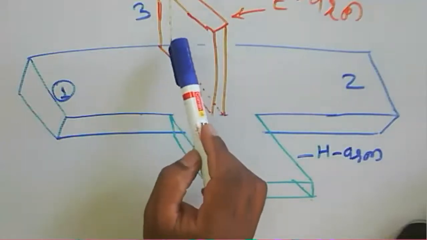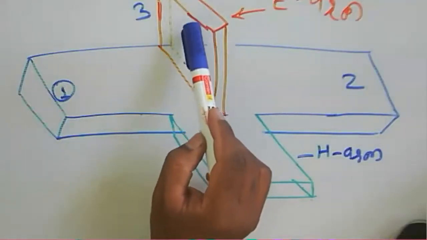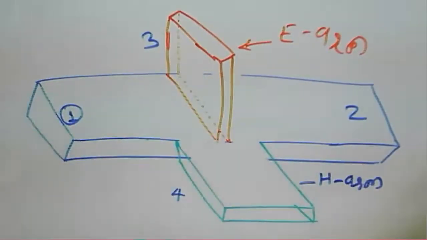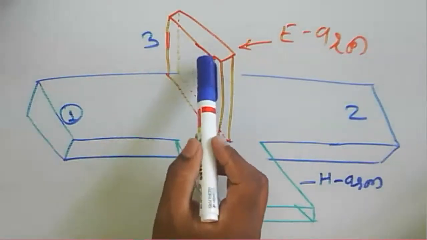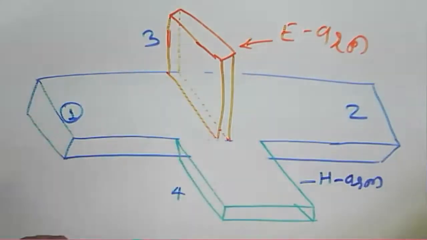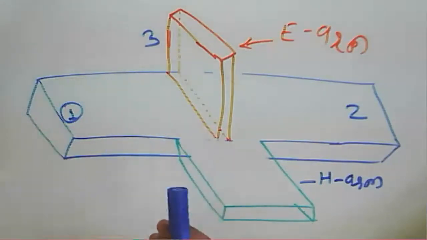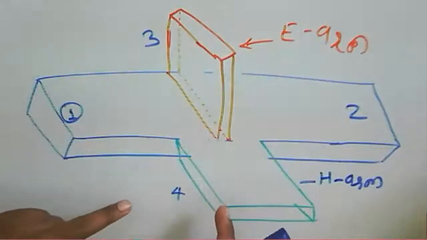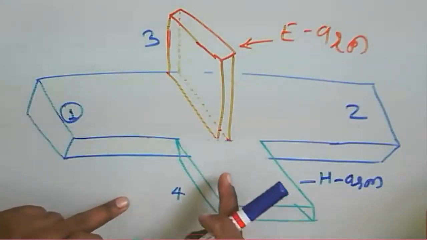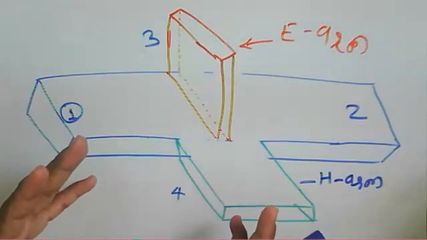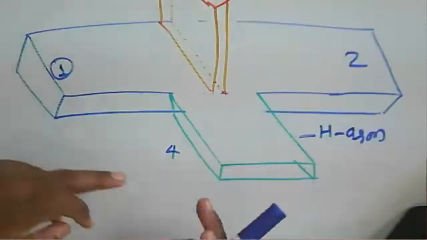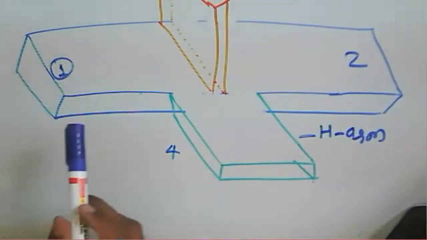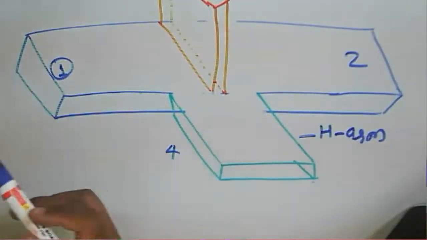That's why the E arm is called a difference arm, because same phase outputs are differentiated. And this H arm, because it is combined, is called a sum arm. The E arm is a difference arm. We said earlier that it acts as a combiner or coupler.